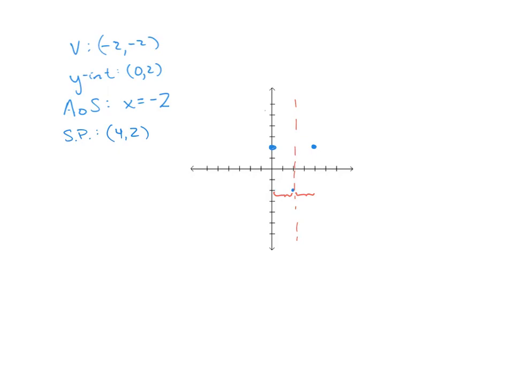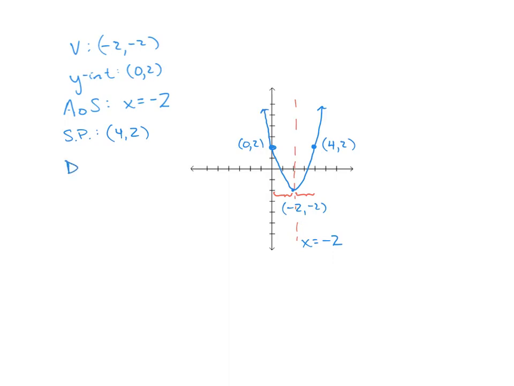All right, let's go ahead and graph our parabola. And we get this. We label, so our y-intercept (0, 2), our vertex (-2, -2), our symmetric point is (4, 2), our axis of symmetry is x equals -2.